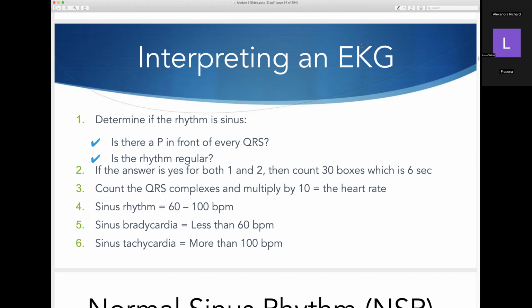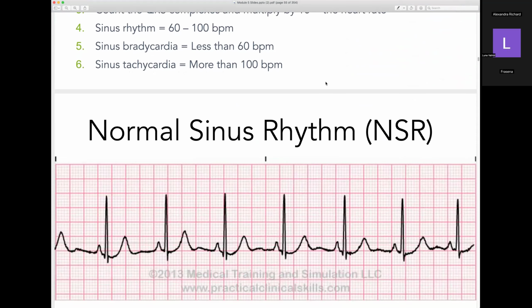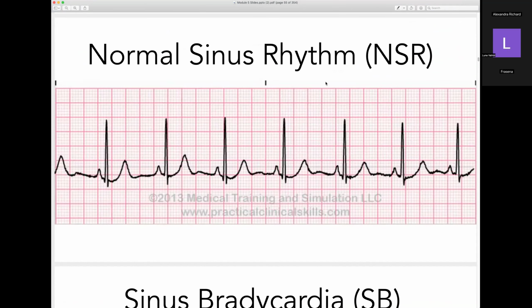So if the answer for both of those is yes, you're going to count your 30 boxes, which will give you 6 seconds. Then you count your QRSs and multiply by 10. This will give you your heart rate. It's sinus rhythm if it's 60 to 100, sinus brady if it's less than 60, sinus tachy if it's greater than 100.